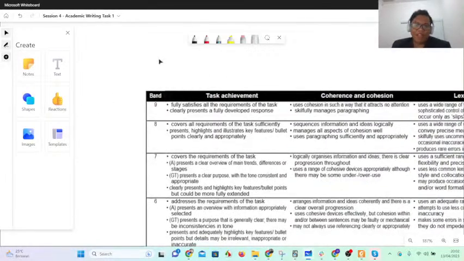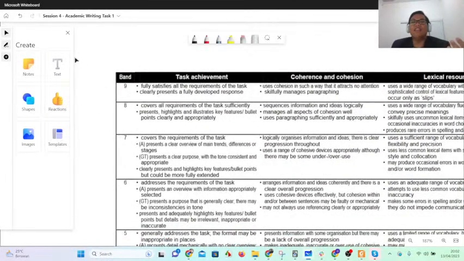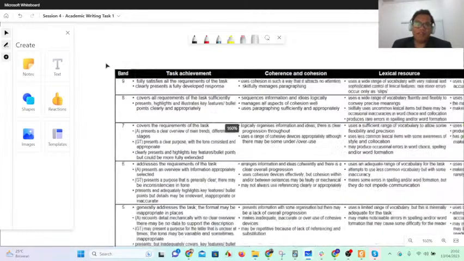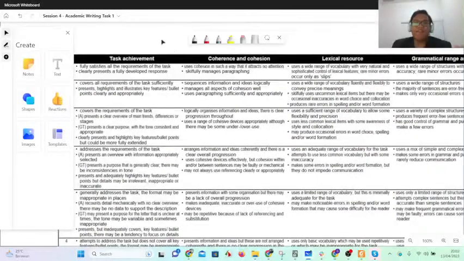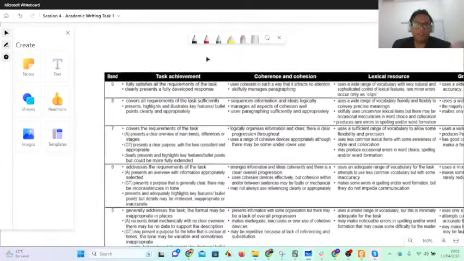So here I have in front of me the publicly available grading rubric for IELTS writing task one. There are 4 categories, and we will talk a little more in depth about each one because you need to understand what they are looking for in each category. You will be graded based on all of these categories, and it is crucial that you are fully aware of what they are.